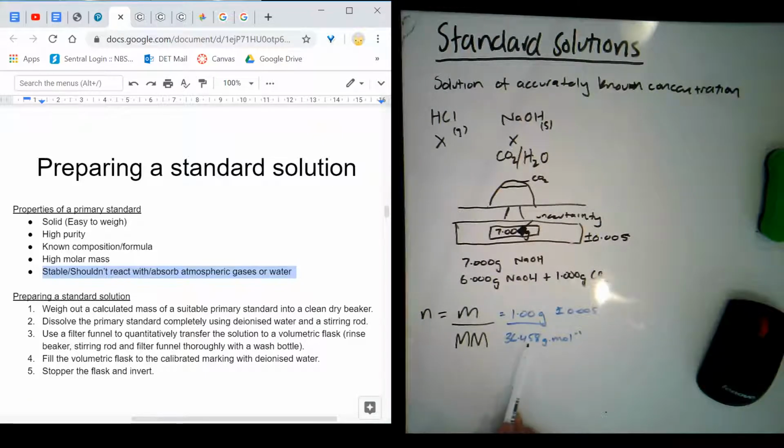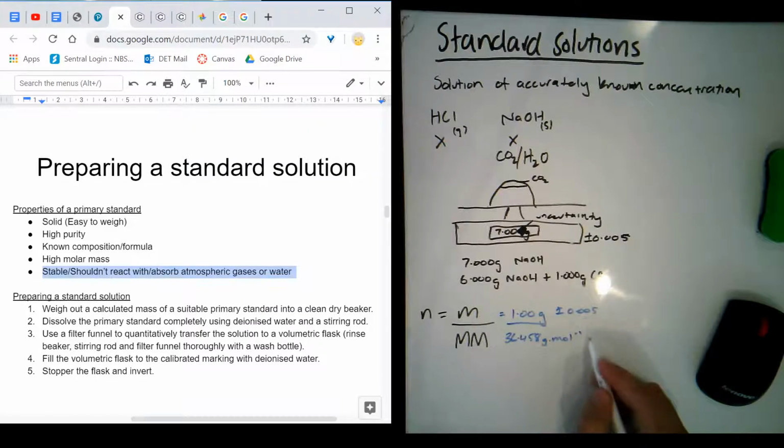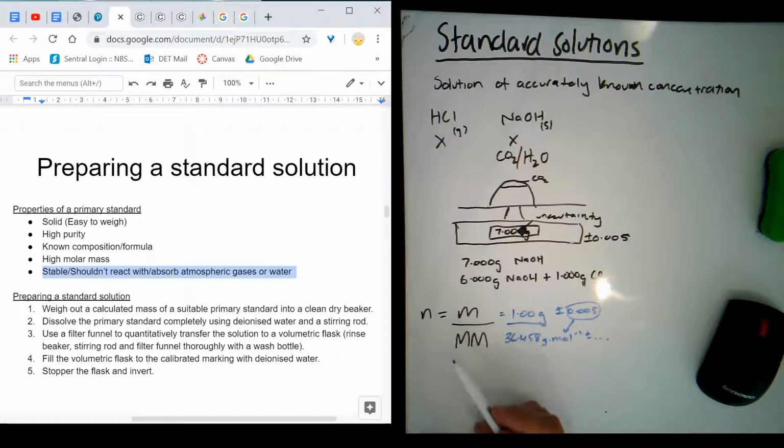Now, the uncertainty of this is quite small as well, but these multiply, so this has an uncertainty as well. When I divide this by this, this number as a fraction of this will tell me how uncertain my final figure is, which is a little bit of an issue.